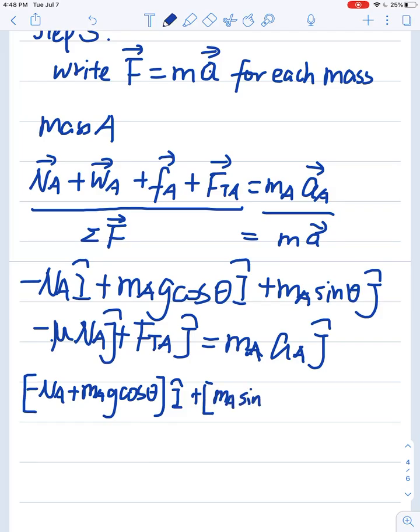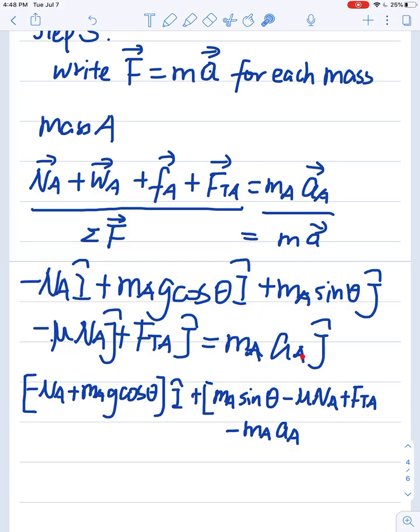Here we have MA g sine theta minus mu NA plus FTA minus MA AA.